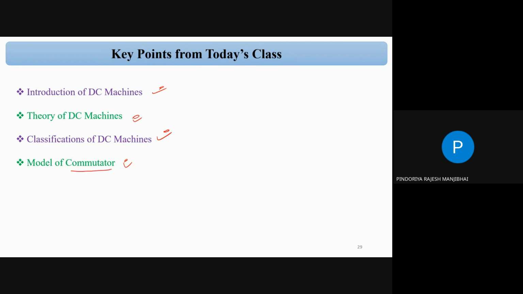You have to write the working principle of the commutator, with a diagram and a step-by-step process, because this is the most important factor: how the commutator is used in DC machines, correct?